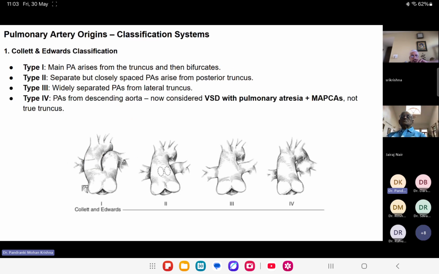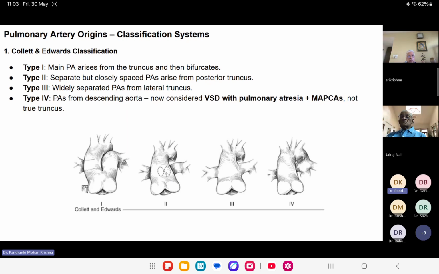And coming to the classification, it depends on the pulmonary artery anatomy. So Collett and Edwards, which is the first classification, divides into type 1, 2, 3, 4. In type 1, the main PA arises from the truncus and then bifurcates. In type 2, separate but closely spaced PAs arise from the posterior truncus.